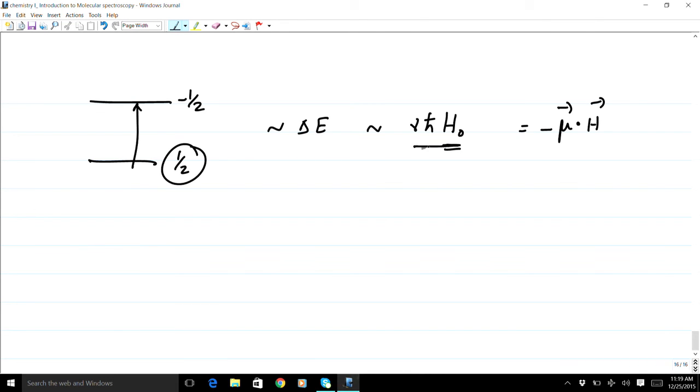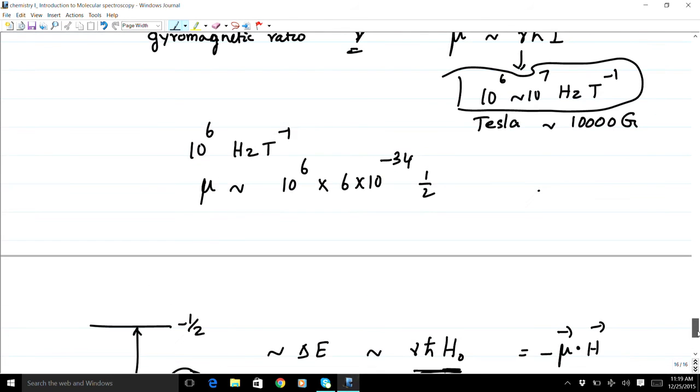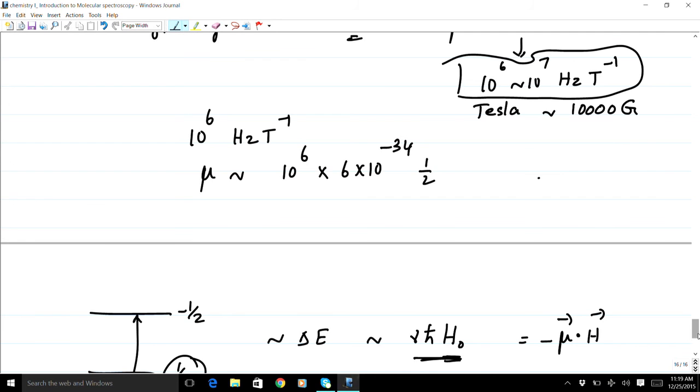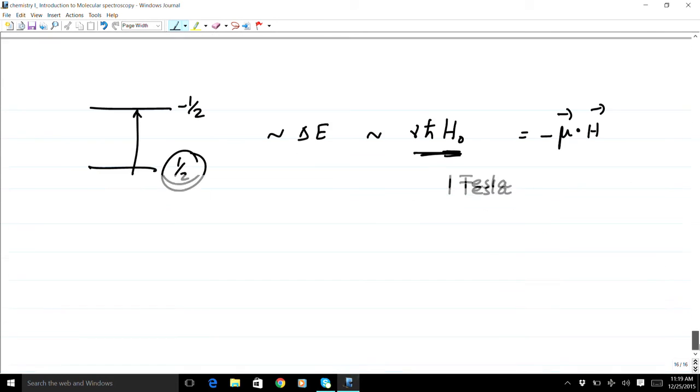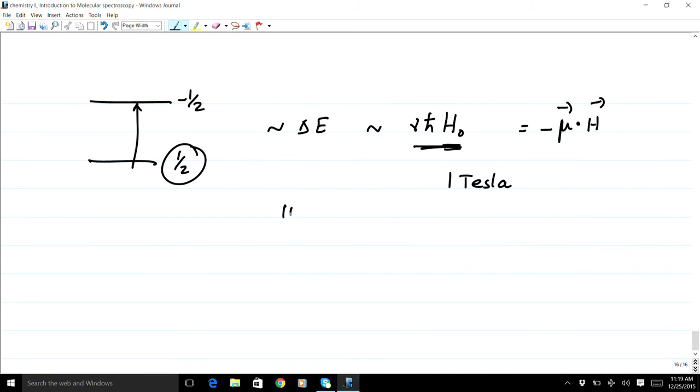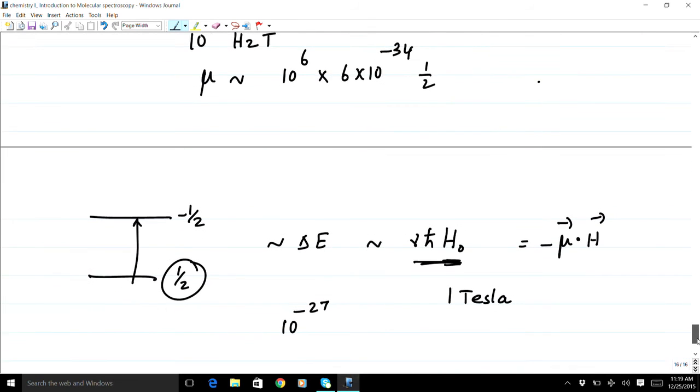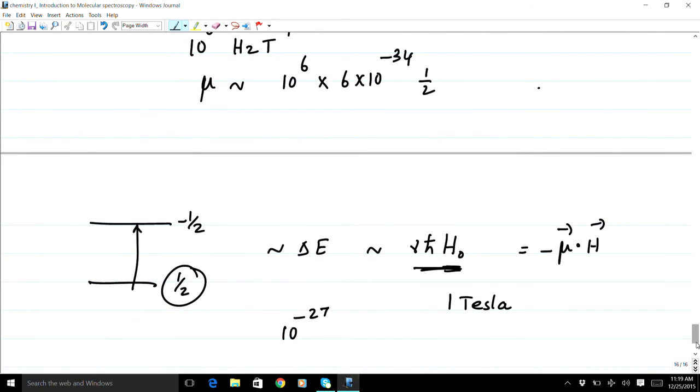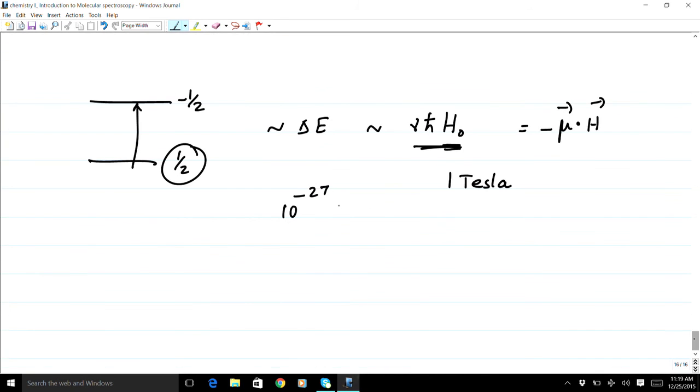Therefore, you are looking at energies of this order, gamma h bar H naught. And so if you have a 1 Tesla field and your previous value of gamma h bar H naught is approximately 10 to the 6 times 6 times 10 to the minus 34, you are at about 10 to the minus 27 joules, I believe. This is hertz per Tesla, h is that. So the energy is of the order of 10 to the minus 27 joules.